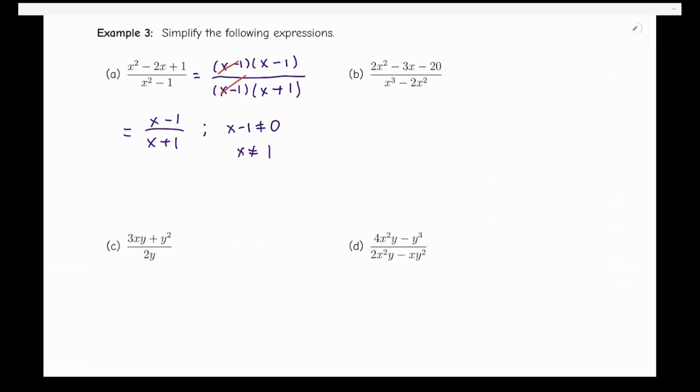Okay. Part B, 2x squared minus 3x minus 20 over x cubed minus 2x squared. The top will factor as x minus 4 times 2x plus 5. And the bottom will factor as x squared times x minus 2. Well, now there are no factors in common, so this cannot be simplified.